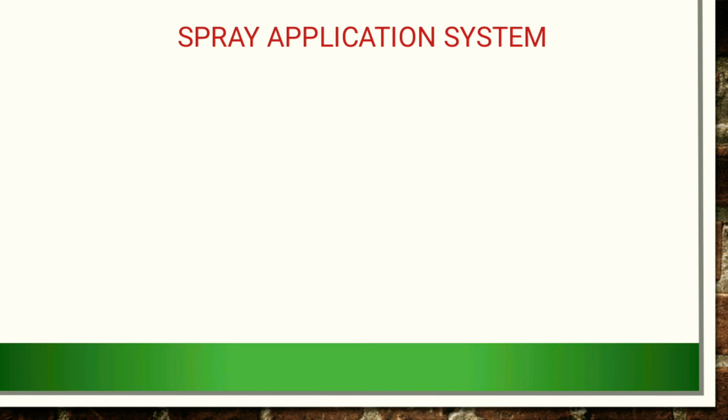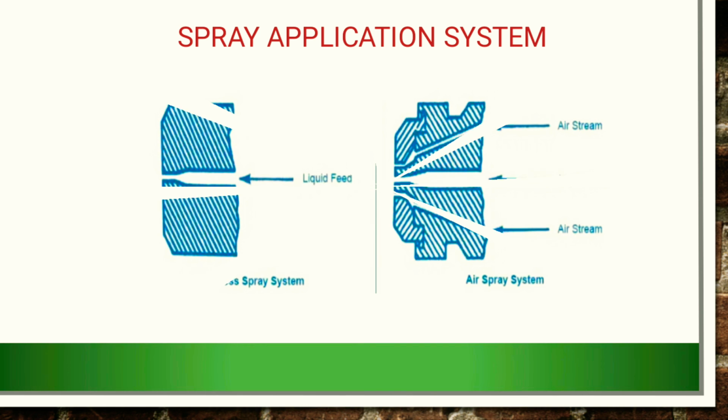Here are the two basic types of spray automation systems available. The first one is the airless spray system and the second one is the air spray system. Here you can see the diagrammatic representation of the airless spray system and air spray system. Let's first talk about the airless spray system.